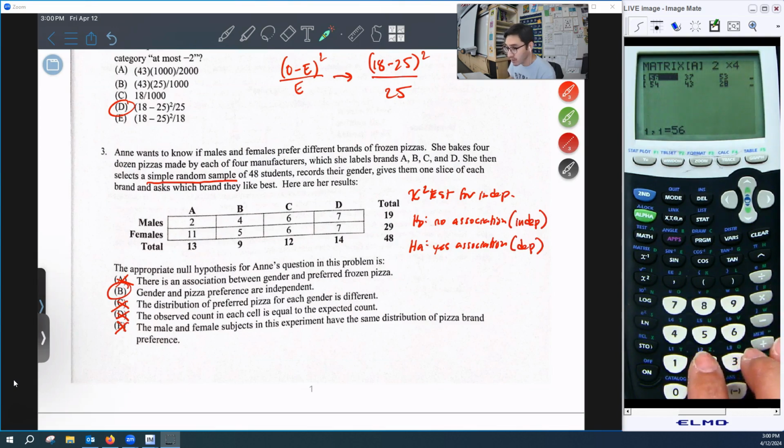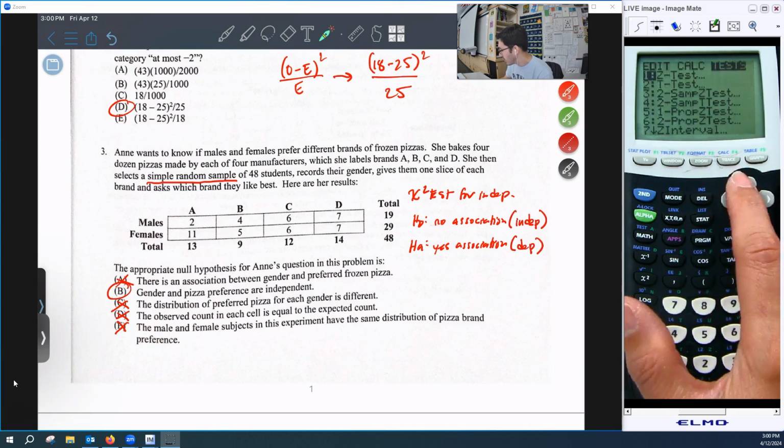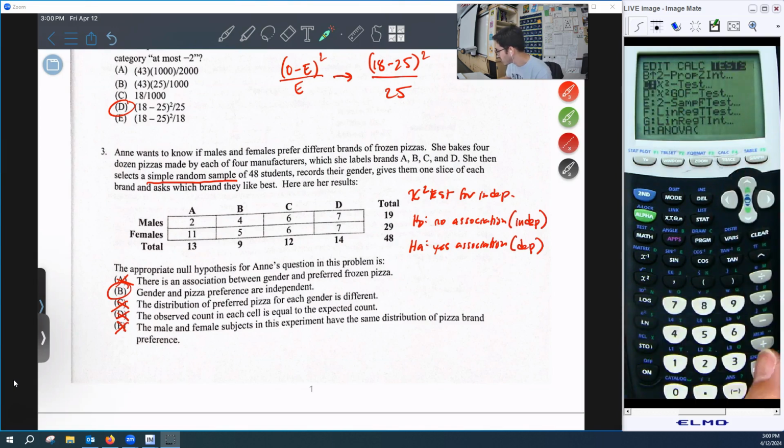Okay, for the observed counts, we've got 2, 4, 6, 7, and then 11, 5, 6, and 7. Okay. Next, we're going to go ahead and run the chi-square test. Okay. The test will auto-save the expected counts in matrix B.